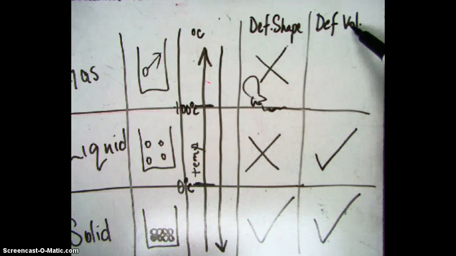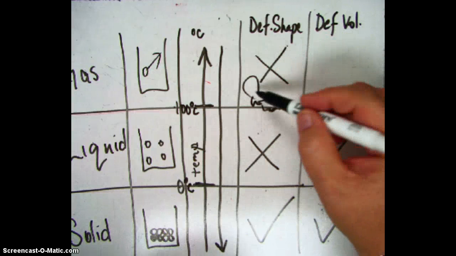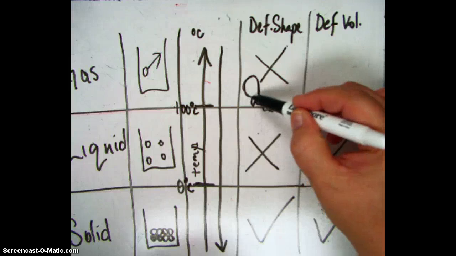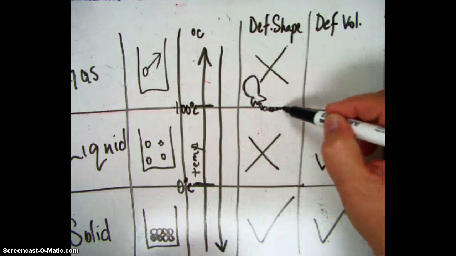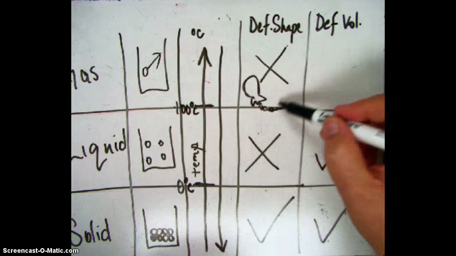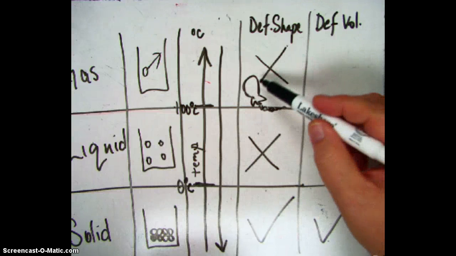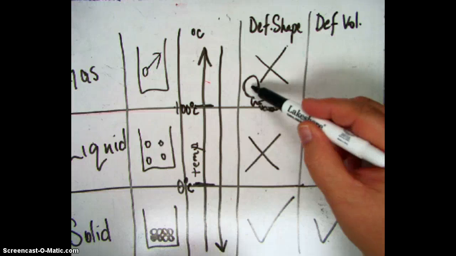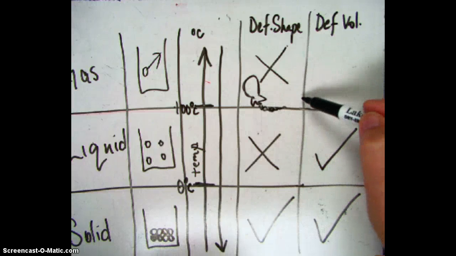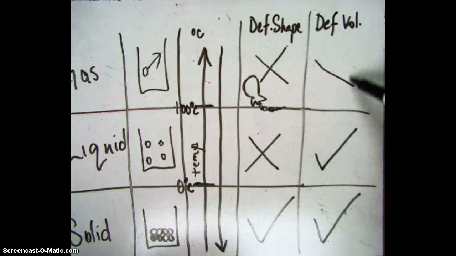And volume, the balloon has a certain volume, but when you let the air out of the balloon, the air spreads out, and so the volume will increase. The volume is one amount inside the balloon, and it'll be another amount when it comes out of the balloon. So it does not have a defined volume.